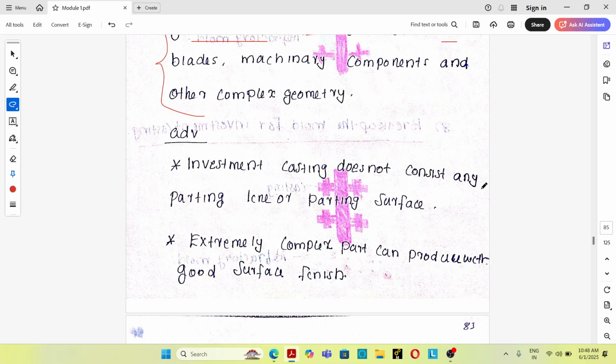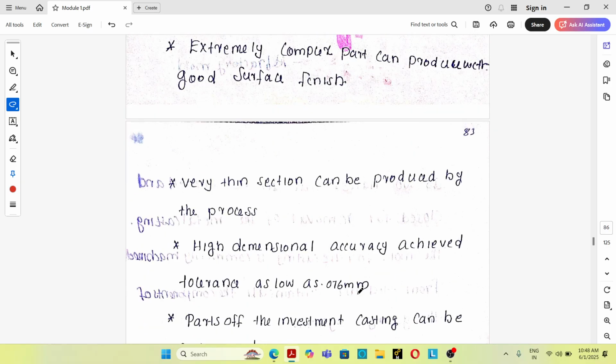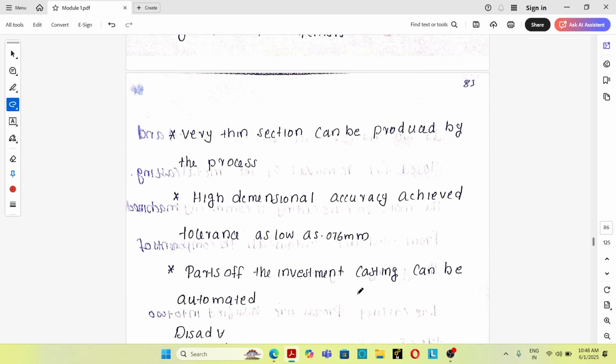Investment casting does not have any parting line or parting surface. That's one of the advantages of the investment casting process. So any complex geometry can be cast easily through the investment casting process. Extremely complex parts can be produced with good surface finish. Very thin sections can be produced by this process.